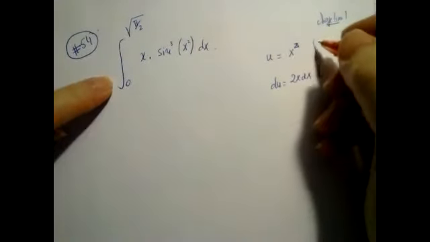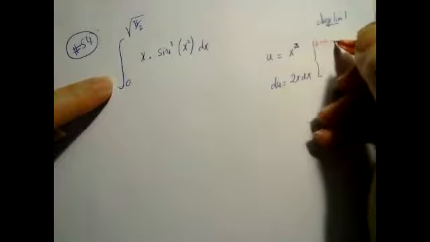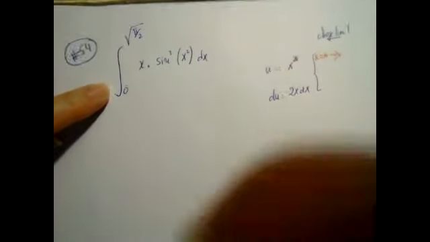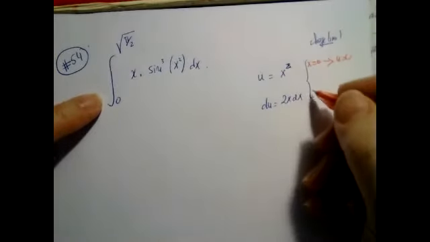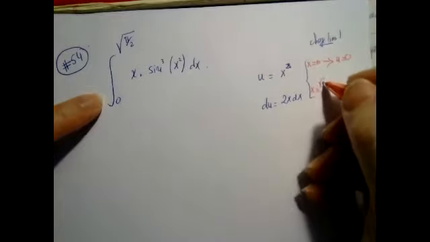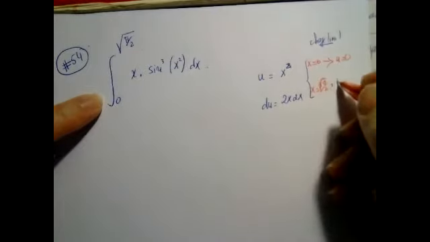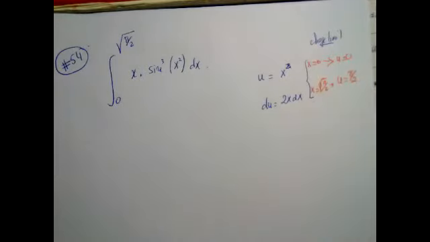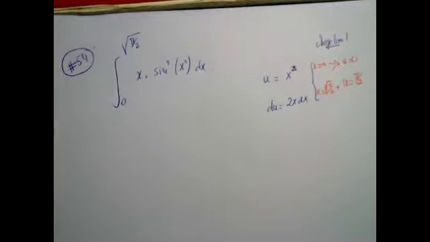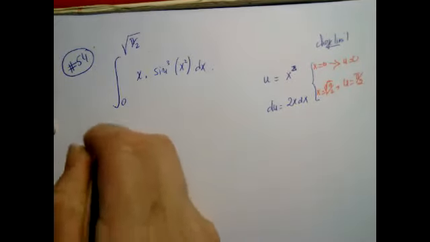If x is 0, my u would be 0. And if x is the square root of pi over 2, my u would be pi over 2. And now I'm going to turn this whole thing into an integral in u.